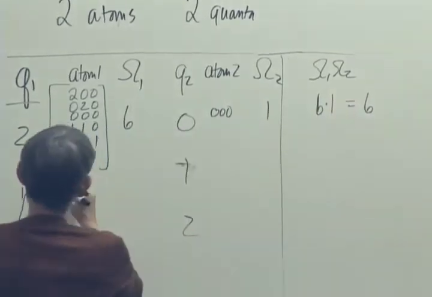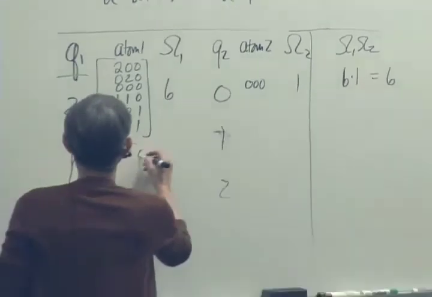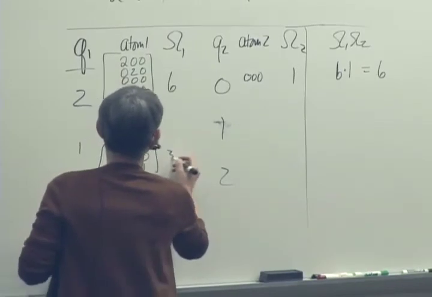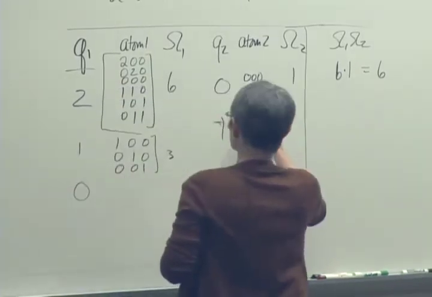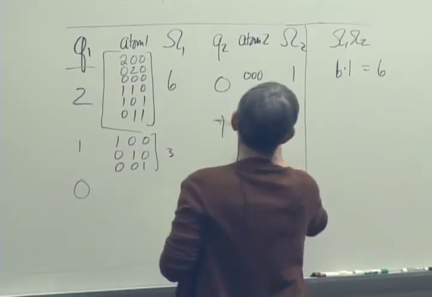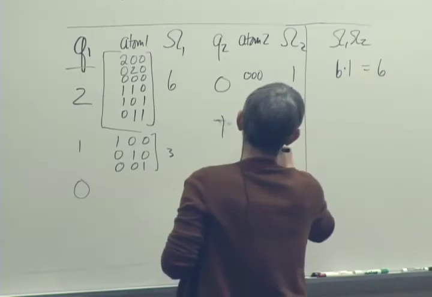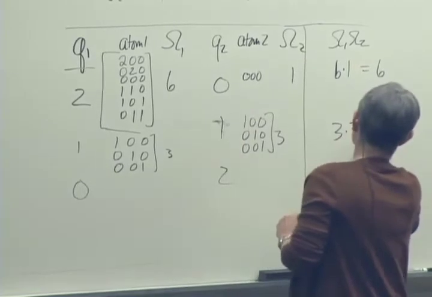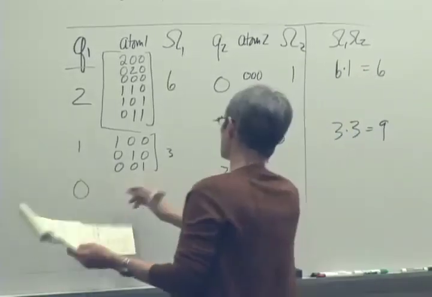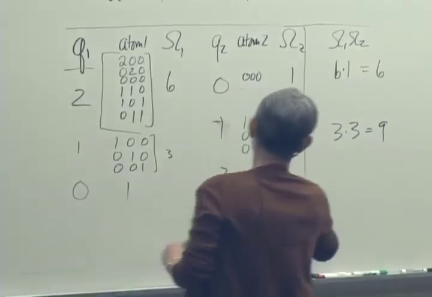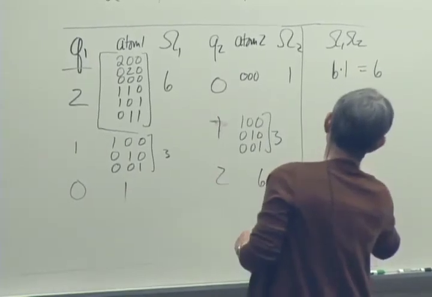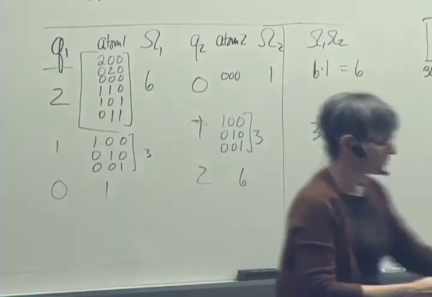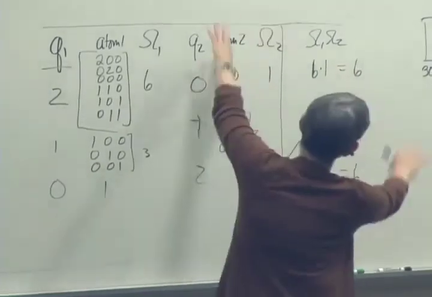And if we did it here, we found that there was 1, 0, 0, and 0, 1, 0, and 0, 0, 1, so there were only 3. But there was the same thing here. So there were 3 of these, and 3 times 3 was 9. And here we're going to get 1 and 6, and 1 times 6 is 6. So this is really 21 different overall possible arrangements.